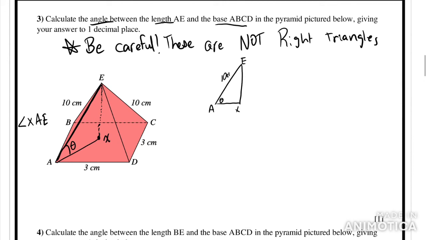It actually gives me 10 centimeters, so I have a little bit of information, but I need either A to X or X to E. And X to E is probably the easier one to calculate. So it's not impossible. To do this, I'm actually going to solve A to X, because what I notice is if I come straight out, I can make myself a right angle triangle.